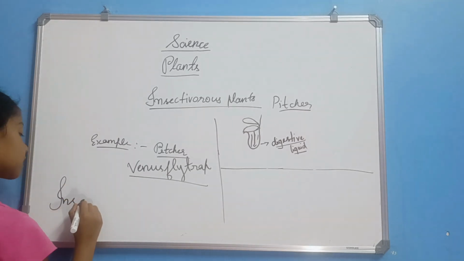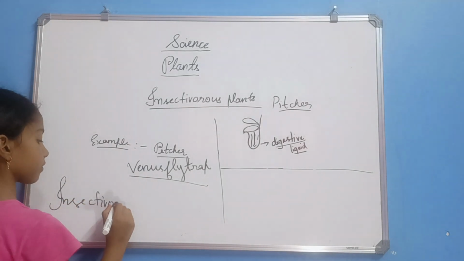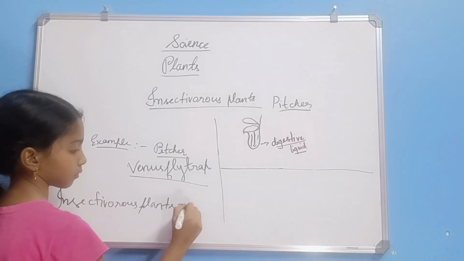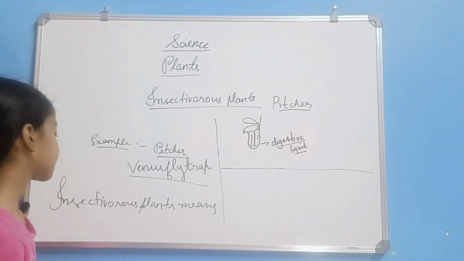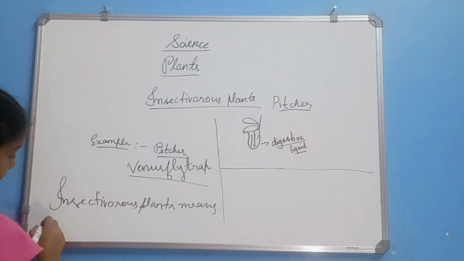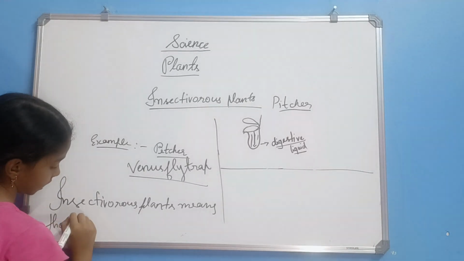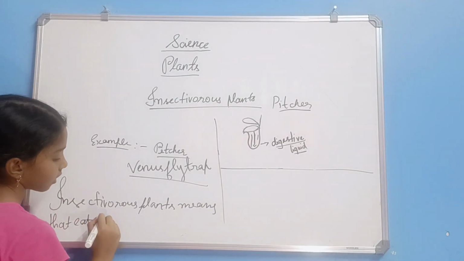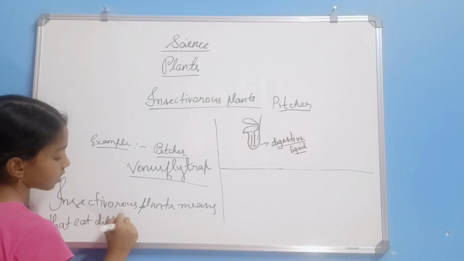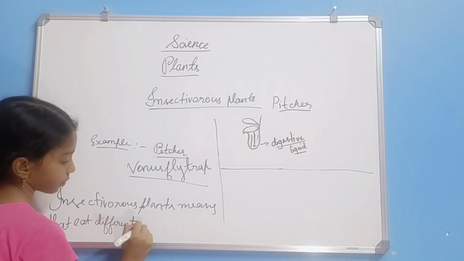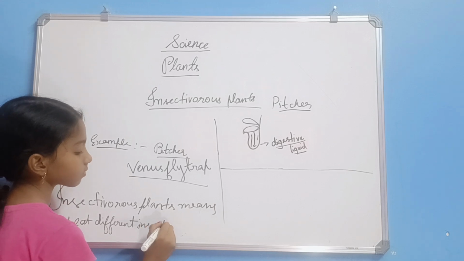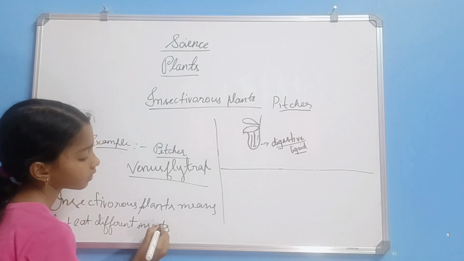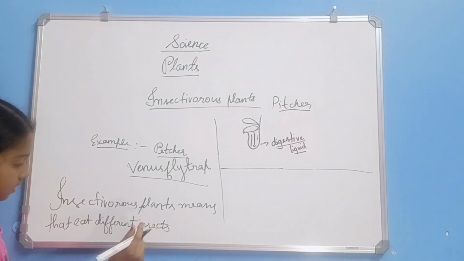See here, insectivorous plants means plants that eat different insects.